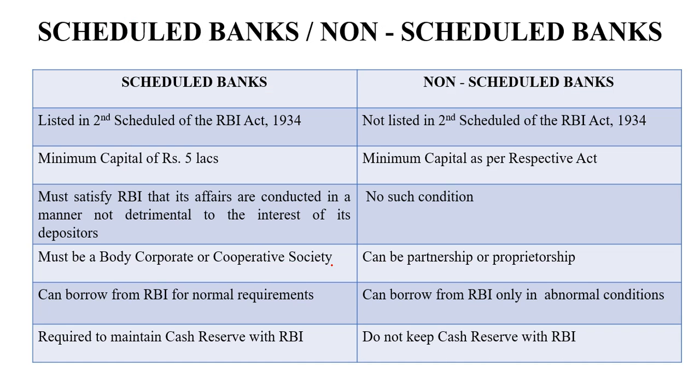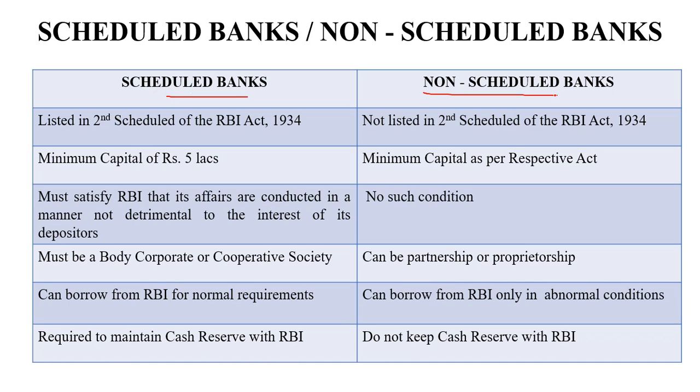Next is scheduled banks and non-scheduled banks. Now there are two classifications of banks based on the schedule of RBI Act 1934. Those are scheduled banks and non-scheduled banks. If any bank like commercial bank or private bank wants to work under the rules and regulations of RBI, then these banks are required to fulfill some conditions which are in the second schedule list of RBI Act 1934.